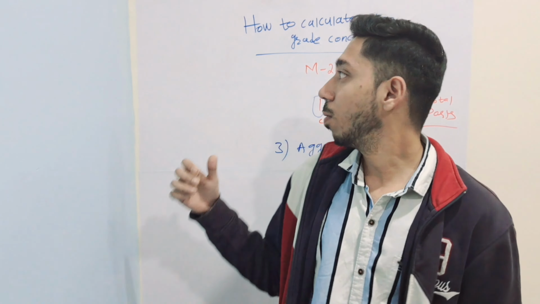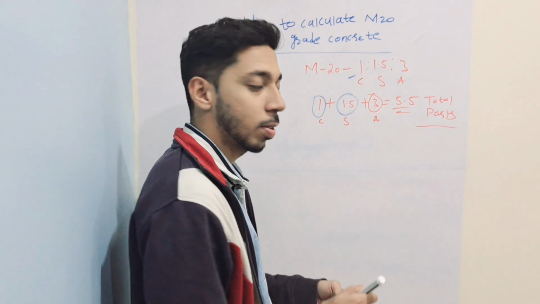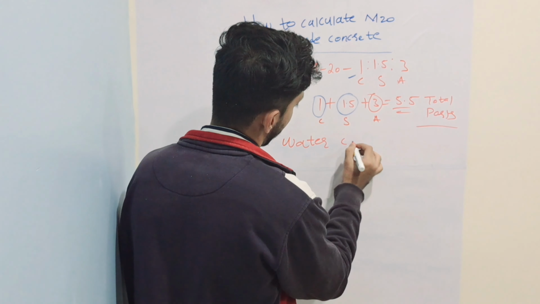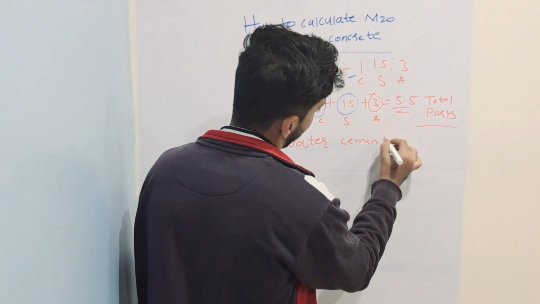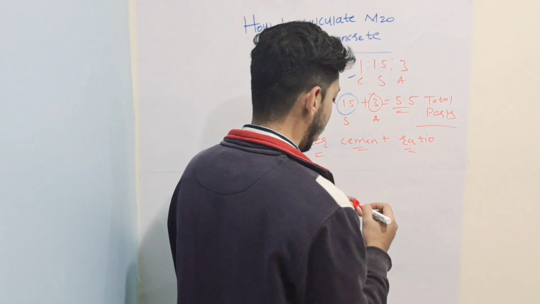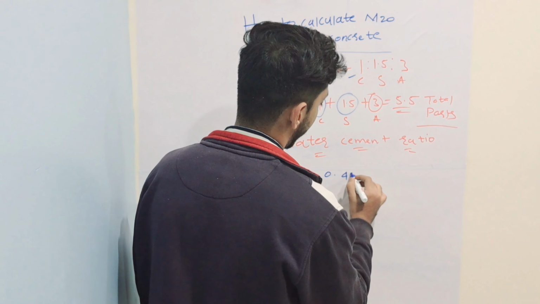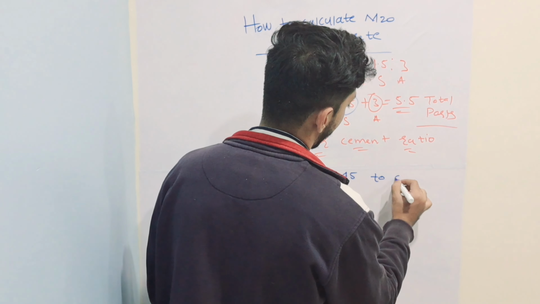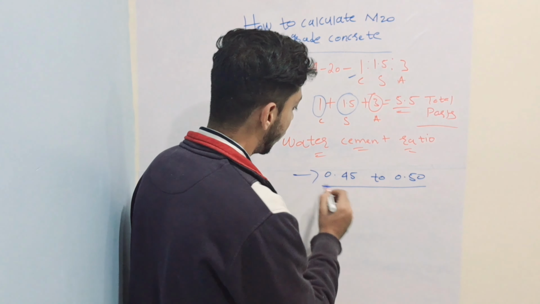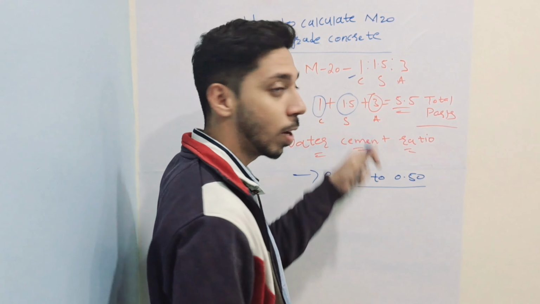Now finally we will go for the water cement ratio. For water cement ratio, we typically take 0.45 to 0.50. We consider a 0.45 to 0.50 water cement ratio for calculating this quantity.